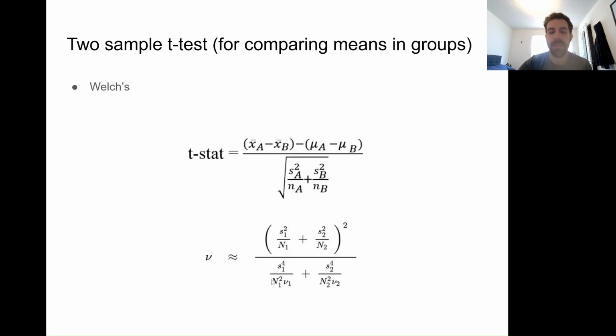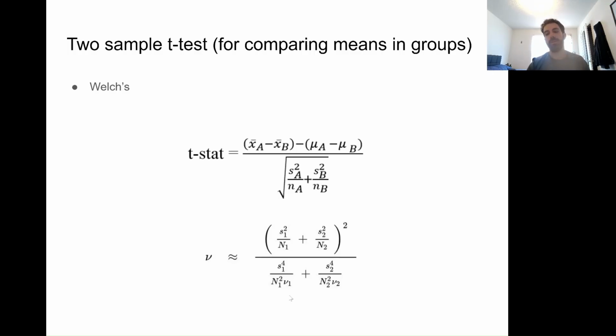But the idea here is it's kind of similar to the intuition I was explaining here with like a pooled variance to calculate the degrees of freedom, which you might remember is the Greek letter nu, although it looks like the letter V. Okay, so that was a lot, but this is an alternative formulation of the t-statistic to calculate the difference in means, and this is the associated degrees of freedom.